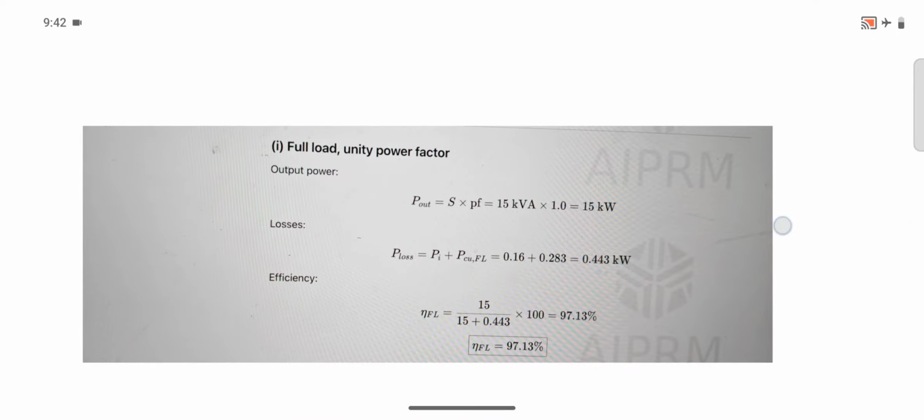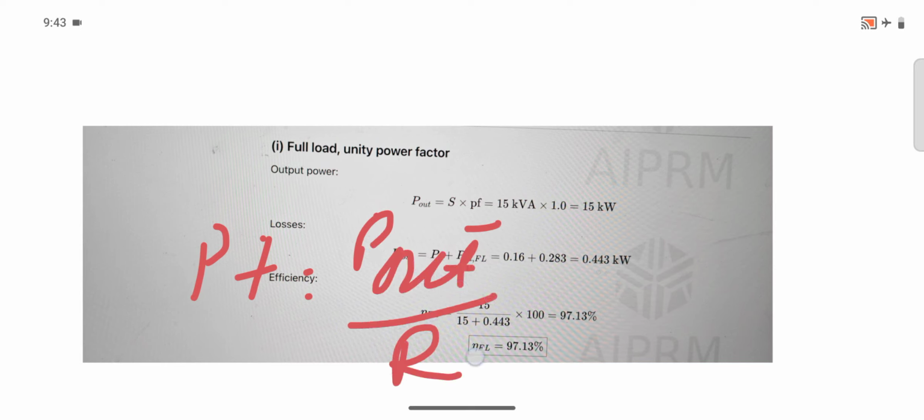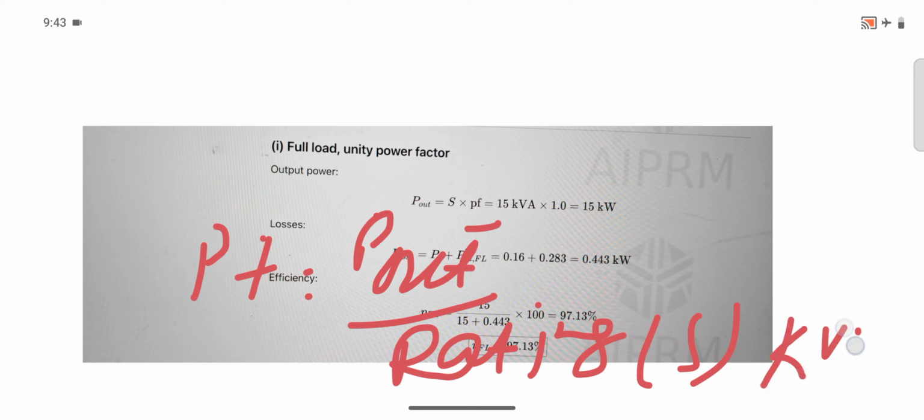Now power output is rating into power factor. Power factor is equal to output power divided by rating. The rating is represented by S, simply in kilovolt ampere.